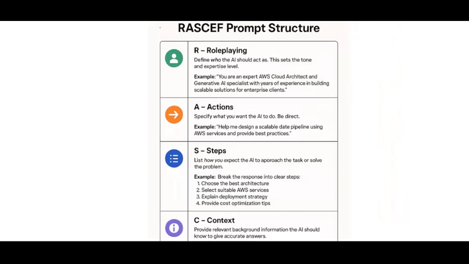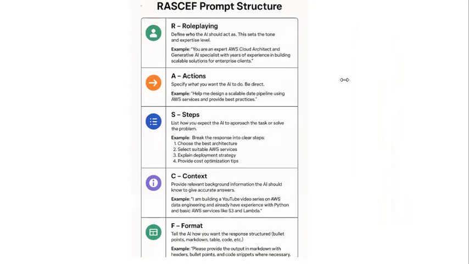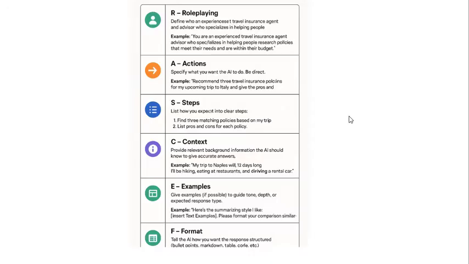If you include all these, that is this RASCEF, then your prompt becomes more effective and efficient to get better and possibly the best results. If you take other examples, you can find like this. If you provide an effectively full prompt like this, then you can get an effective response.